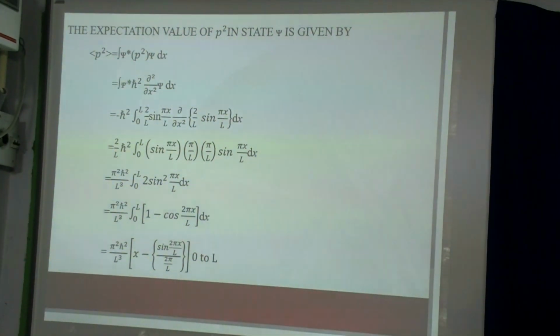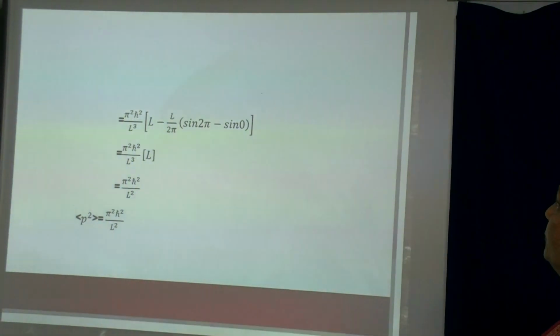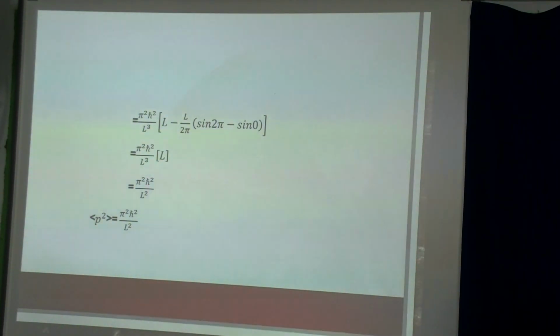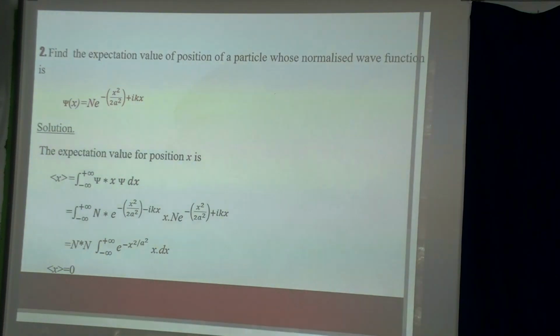Then we get P squared equal to pi squared h cross squared by L squared, since sin 2 pi minus sin 0 becomes 0, the second quantity inside the bracket is 0. So L cubed and L cancel out, and we get L squared in the denominator. Therefore finally the expectation value of P squared equals pi squared h cross squared by L squared. Students, I think you can clearly understand how we can calculate the expectation value of P and P squared for a given function.